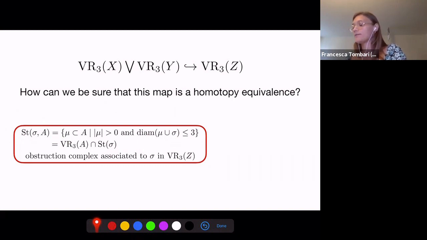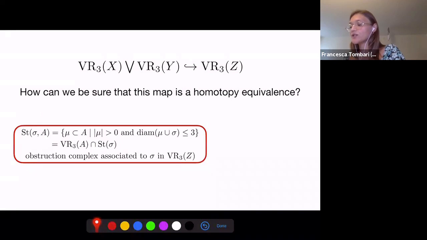So let's fix a simplex sigma in the Vietoris-Rips complex of Z. We consider all the subsets mu of A, the intersection of the two submetric spaces, that together with the points of sigma form a set of points of diameter less or equal than 3, which is nothing else but saying that mu together with sigma form a collection of vertices of a simplex in that Vietoris-Rips complex.